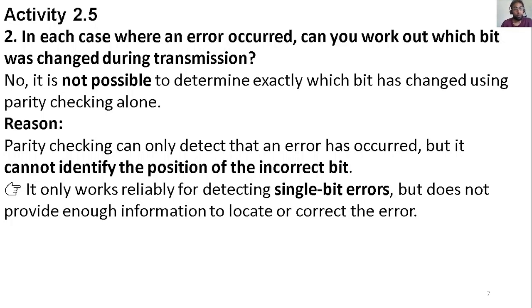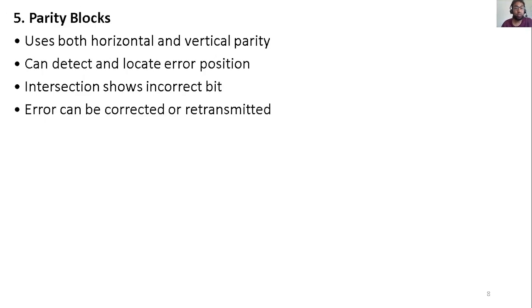We cannot identify the position of the incorrect bit. It only works reliably for detecting single-bit errors, but does not provide enough information to locate or correct the error. So to improve that limitation, we come to parity blocks.